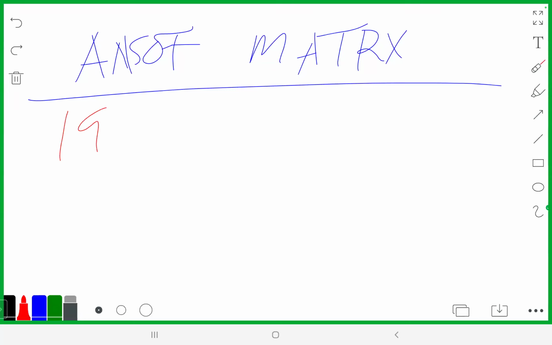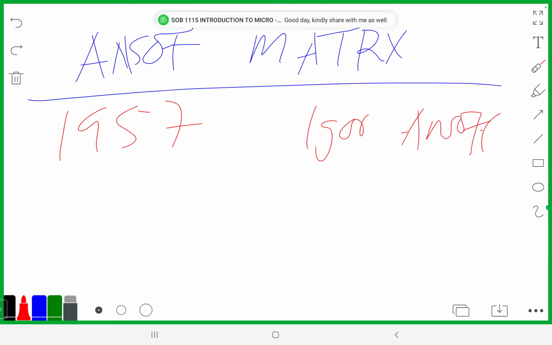In 1957, Igor Ansoff, a Russian-American mathematician, economist, and business strategist, developed this matrix or model, and it was published in the Harvard Business Review. So in the Harvard Business Review, you find this, and this is where it was put.